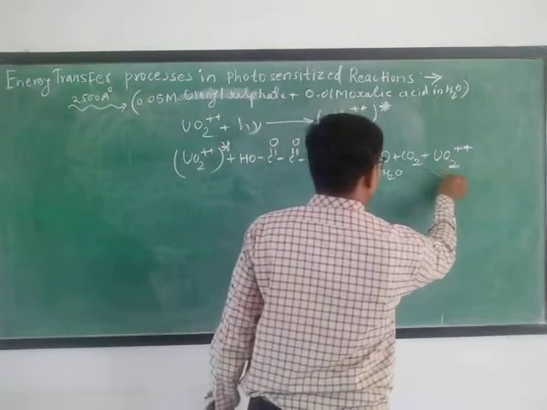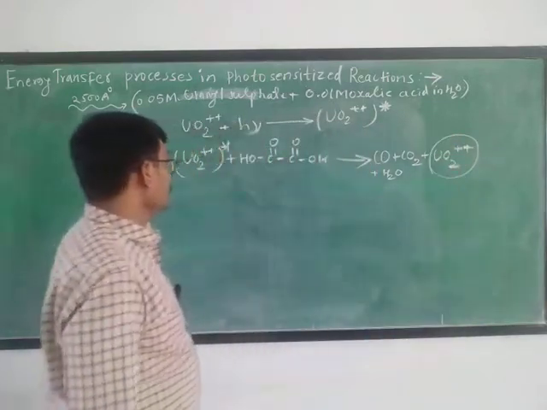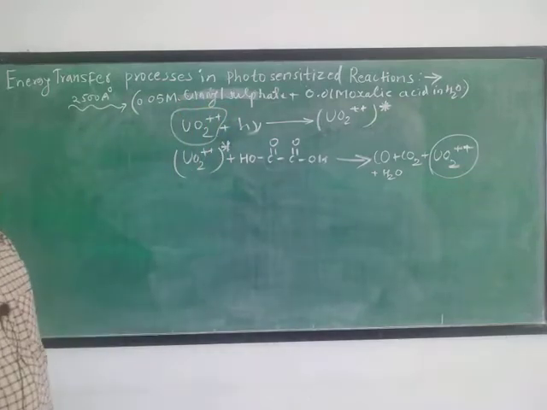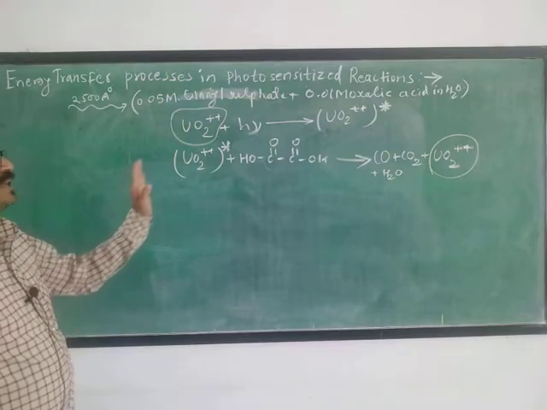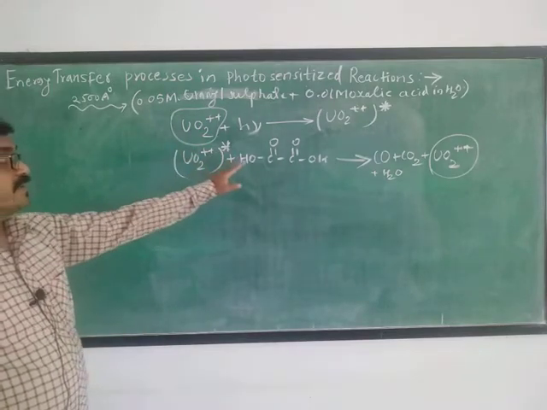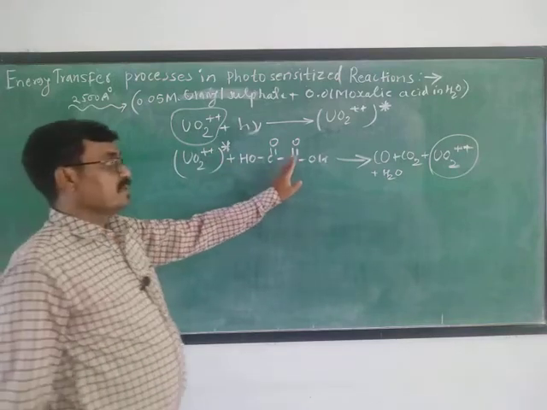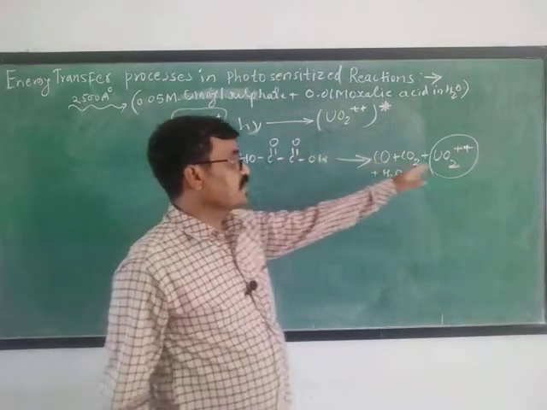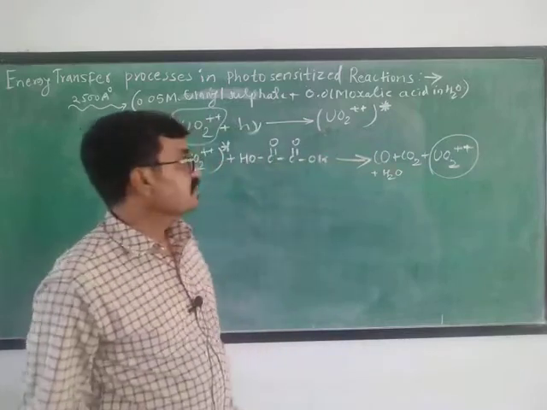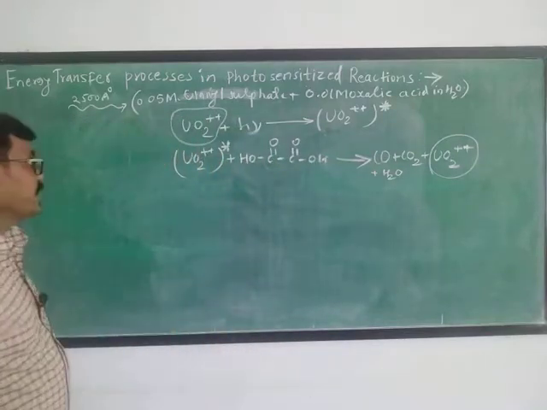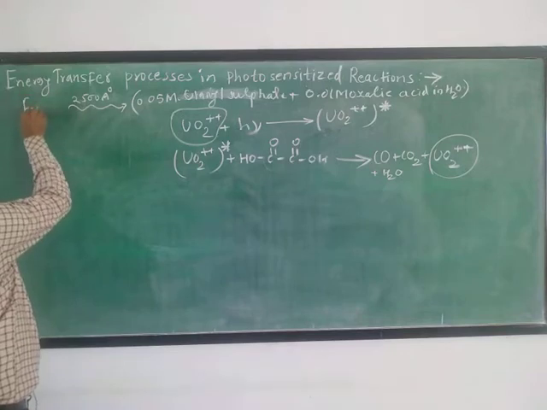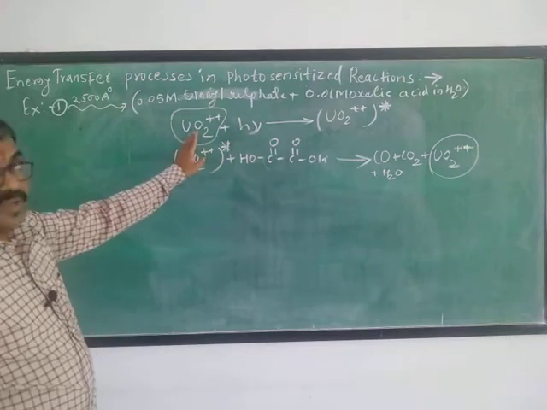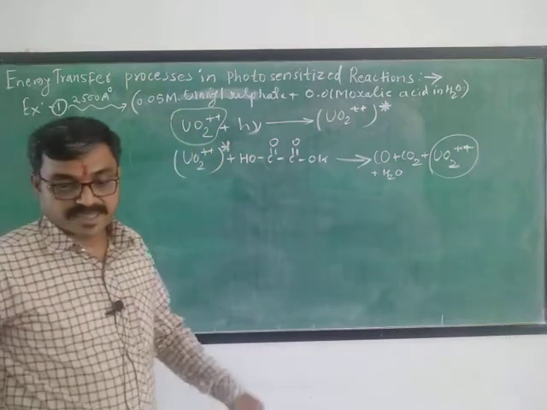In this way, the uranyl ion initiated this reaction, that is a photosensitizer, and the energy is given to the reacting species. Further the photochemical reaction is carried out, and this third substance remains as it is after the reaction. Such reactions are photosensitized reactions. This is the best example of a photosensitized reaction. Here the uranyl ion acts as a photosensitizer.